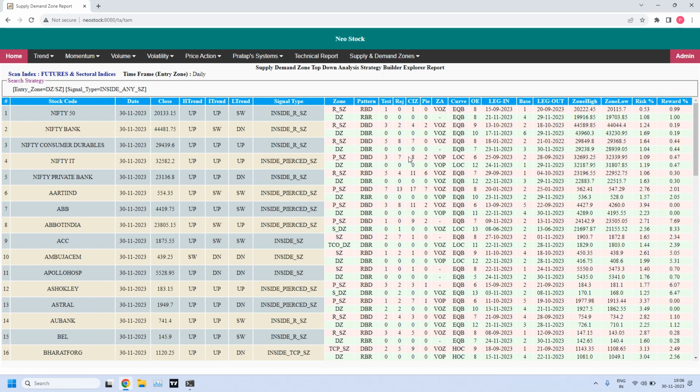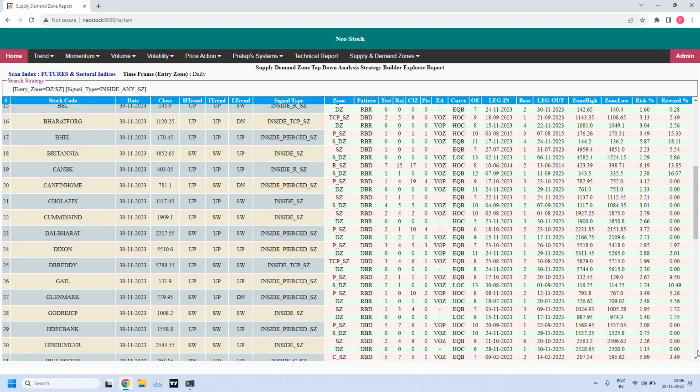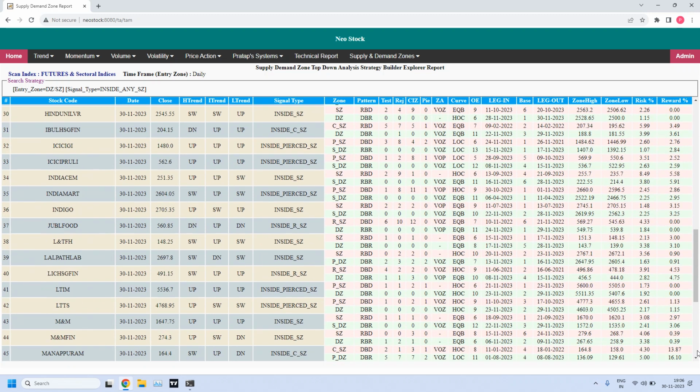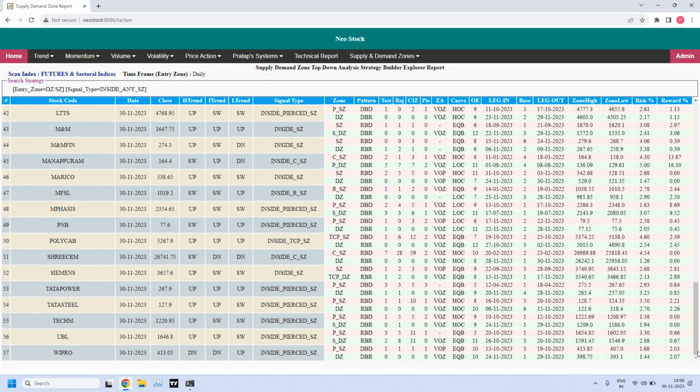Even Nifty IT is also pierced. So let me scroll down. So total 57 stocks are closed inside daily supply zone.